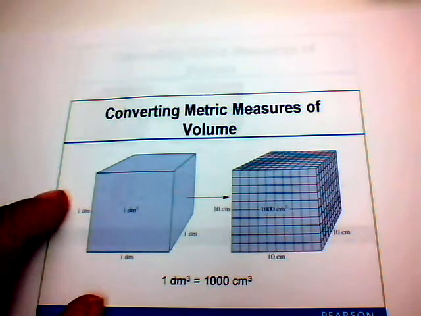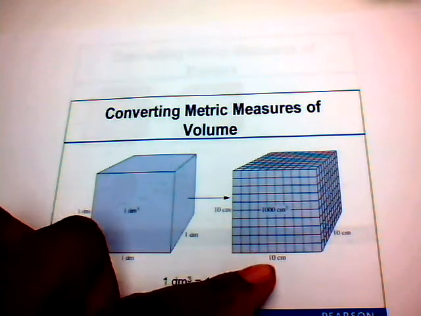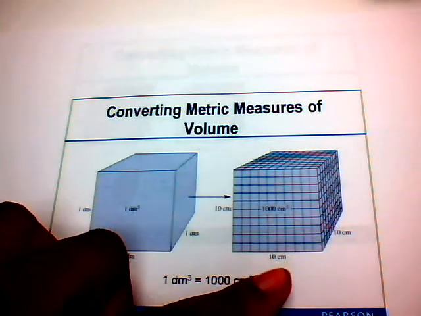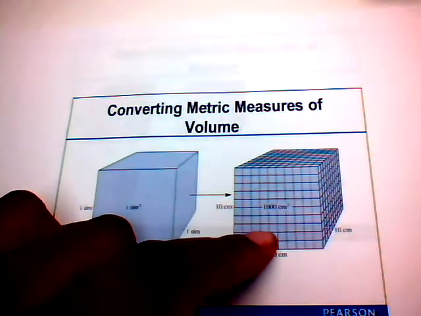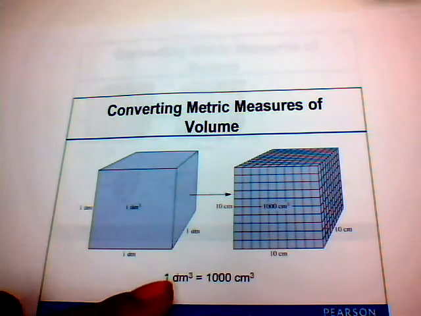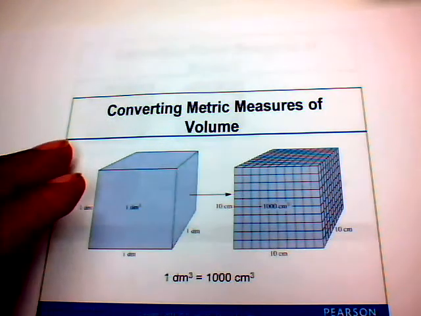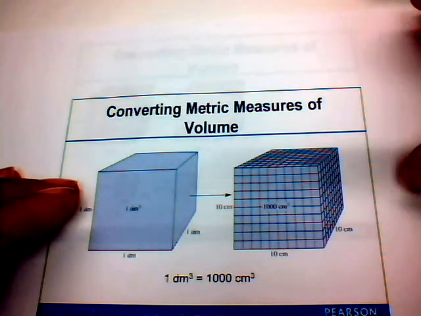Here we know that 1 decimeter makes up 10 centimeters. So this is 10 centimeters for the length, the width, and the height. If you take that volume, it'll be 1,000 cubic centimeters. So here, 1 cubic decimeter is going to be equivalent to 1,000 cubic centimeters.